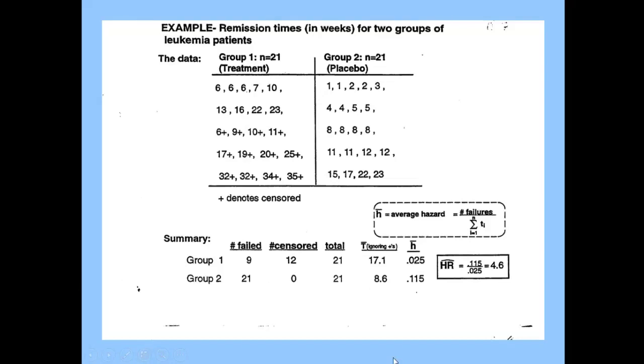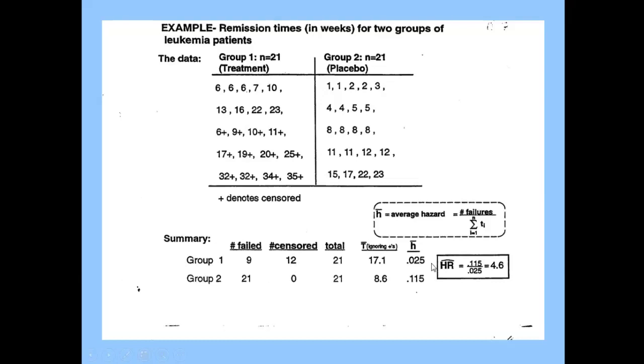Okay. So this hazard rate for each group is a legitimate thing. There are no approximations here. It's a legitimate descriptive statistic that you could make for each of these two groups. You're not approximating it. The denominator is the number of person weeks.